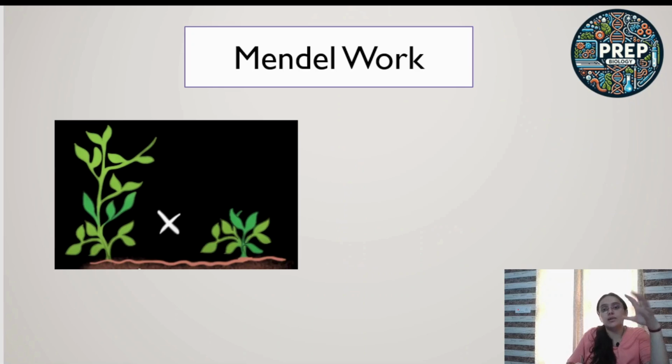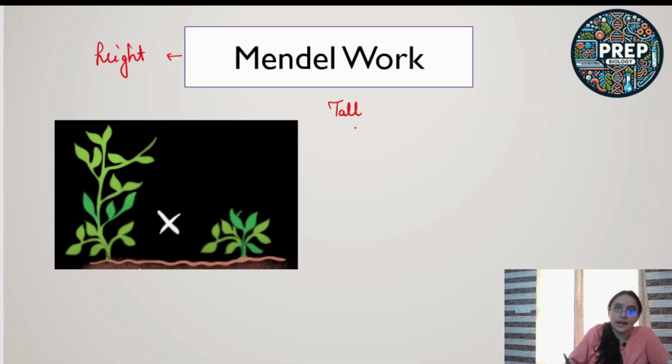What did Mendel do? Mendel took the pea plant, and suppose he chose different characters like height of a plant, color of the flower, pod size, pod color. Suppose he chose the height of a plant.